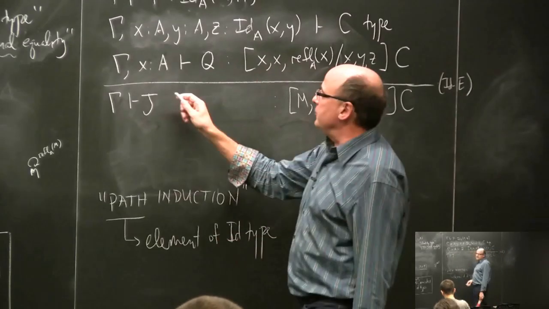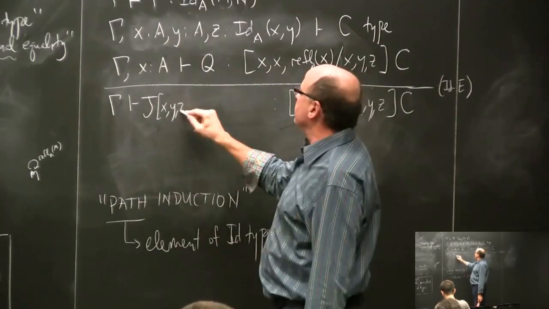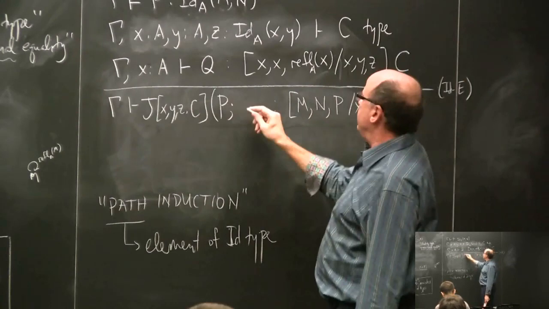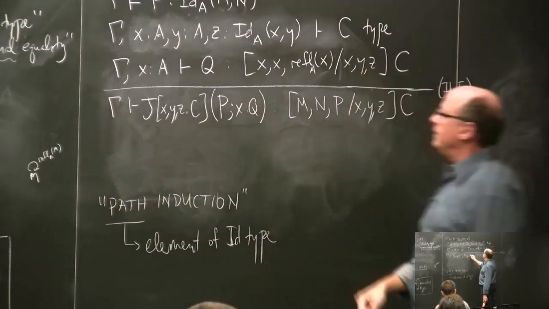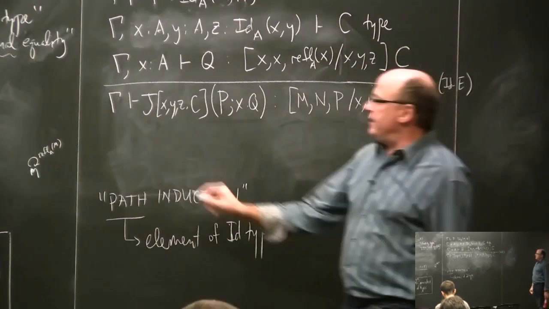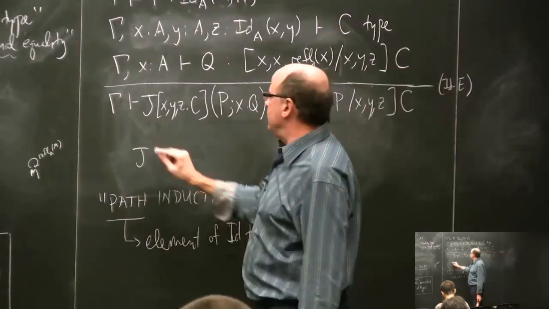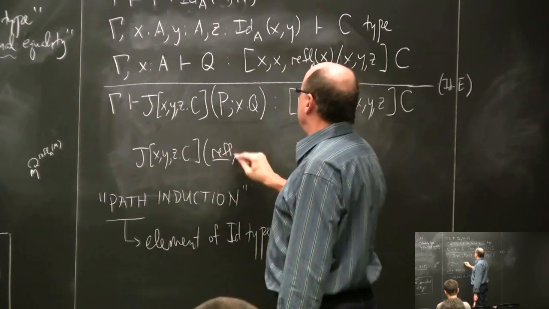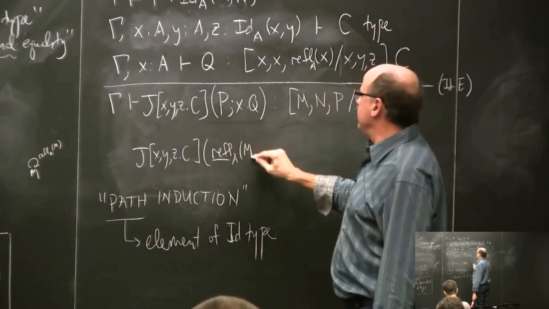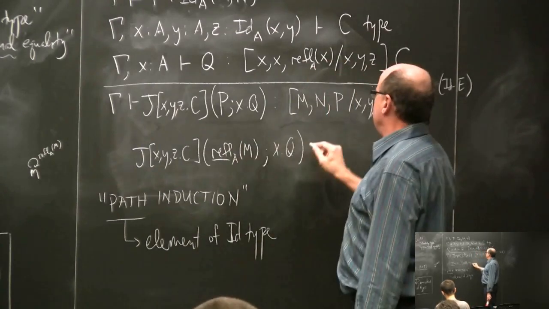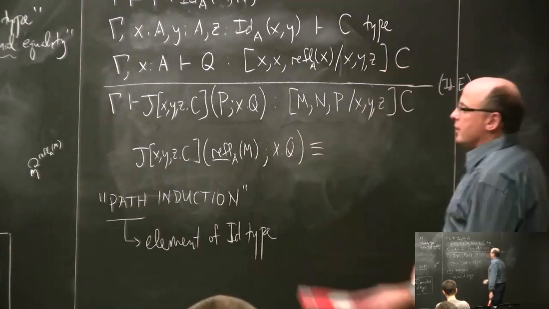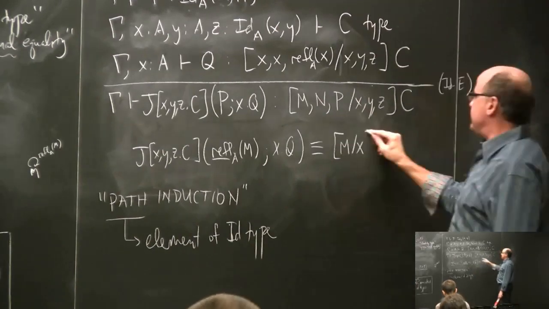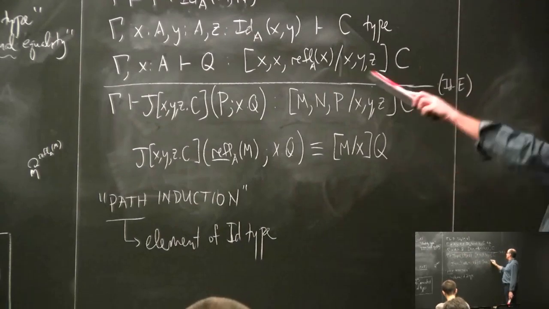This is the elim form, and it's always by long tradition called J. It's parameterized by the motive, which is XYZC. It acts on P, and it acts by X dot Q. And we have the following definitional equivalence, which says if we take XYZC, I'll just do the beta rule, REFL A of, let's pick something M, and X dot Q. So if the path really is reflexivity, then what you do is you take the point that it's talking about and you instantiate Q at that point.